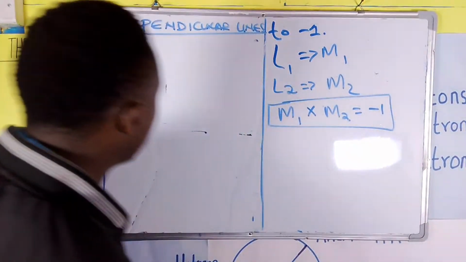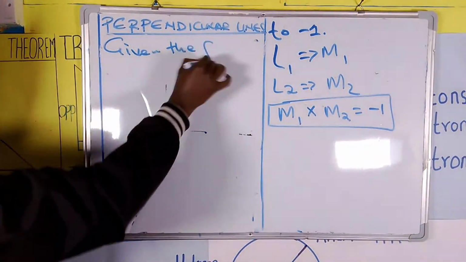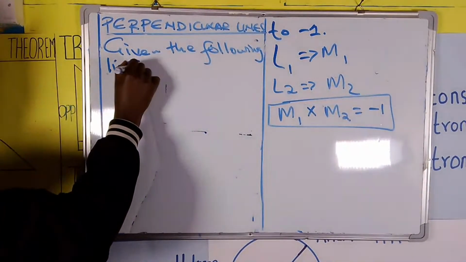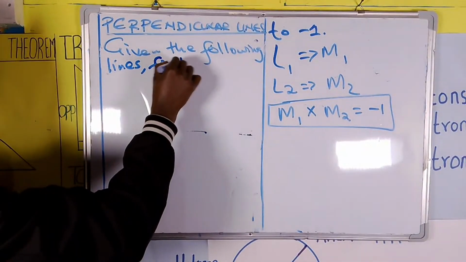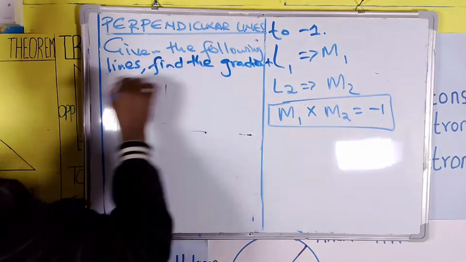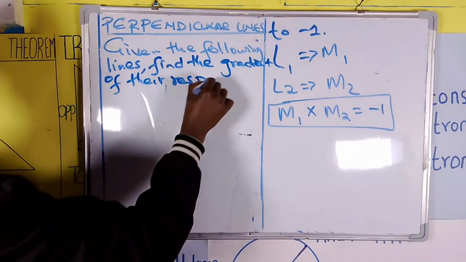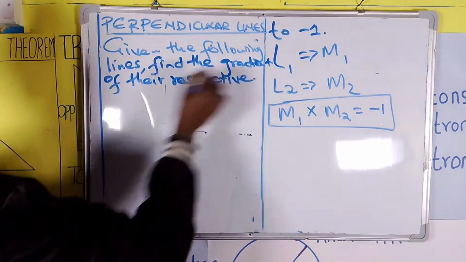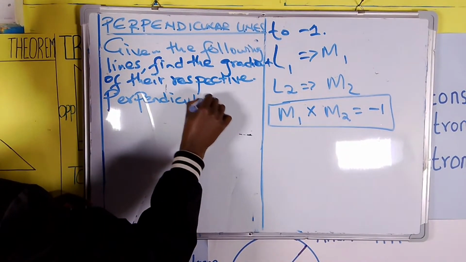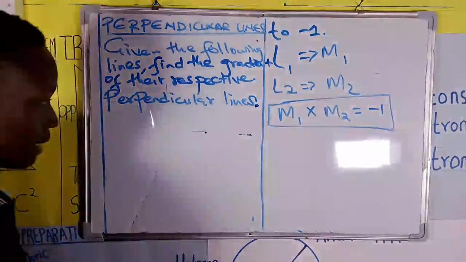For instance, given the following lines, find the gradient of their respective perpendicular lines.